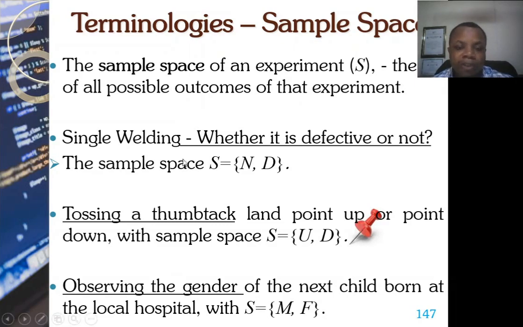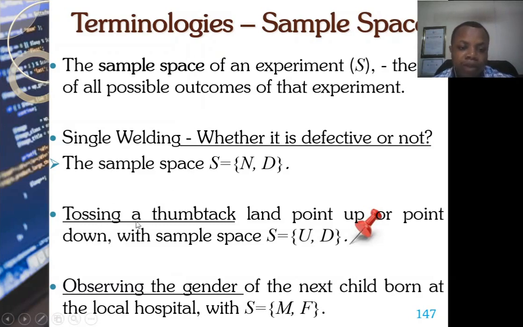So once we perform an experiment in welding something, we could have a sample space that the welding that we did was defective or not defective. So in this case, we are representing not defective by this N and defective by this uppercase D. So these are the two possible outcomes. These are the sample spaces that could arise from welding of any metal or material.